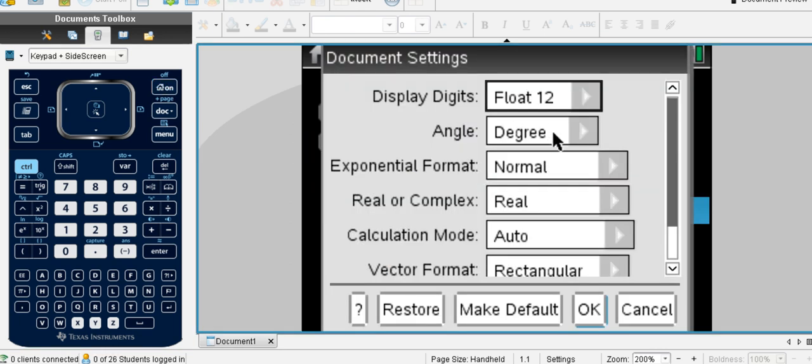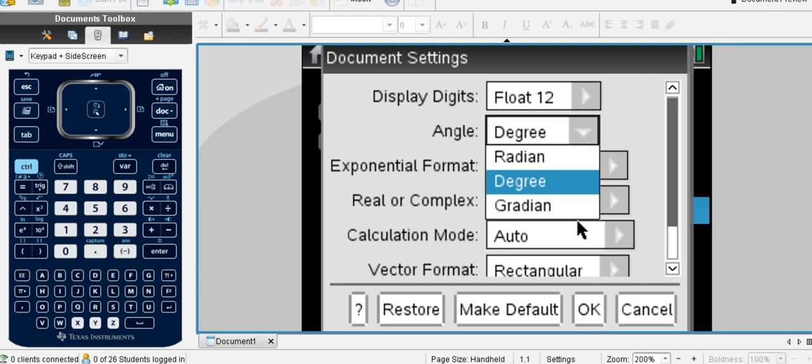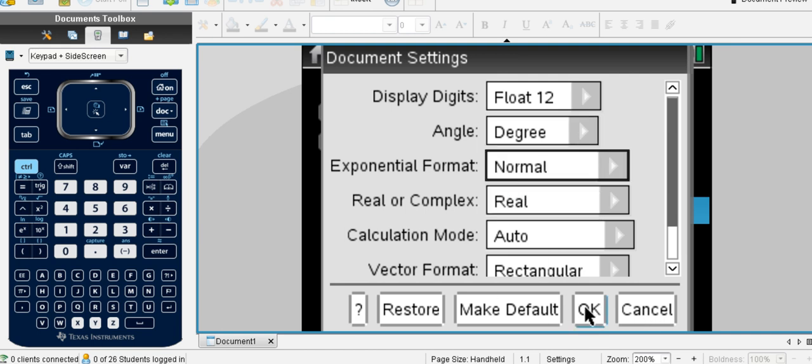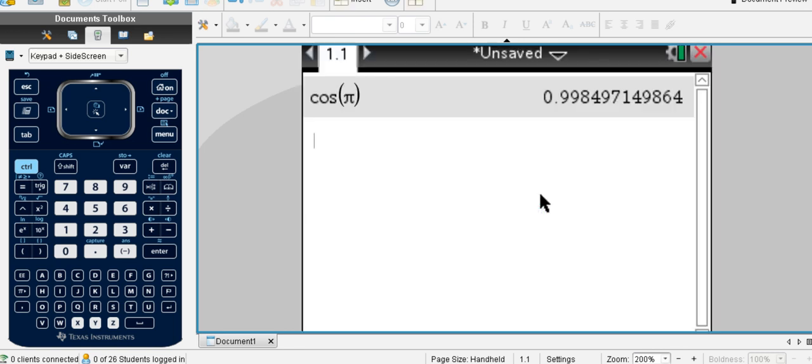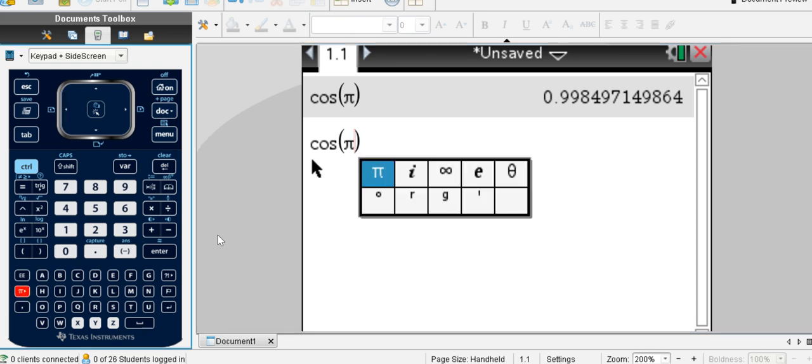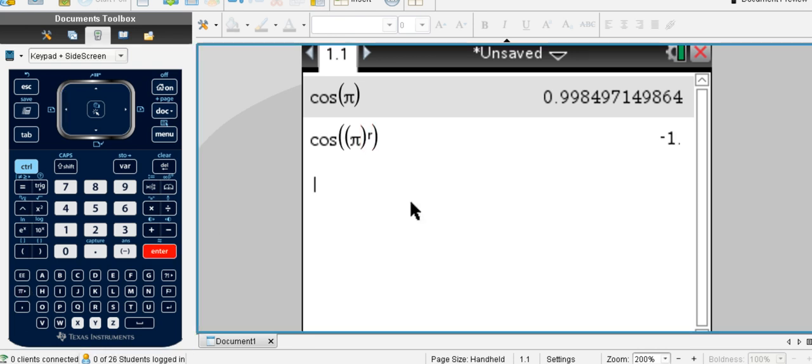The angle is not in degrees, it's in radians, because pi is radians, so you can switch it there. Or if I don't want to do it that way, instead of just hitting enter, since this is a radian, I go over here, hit this button, hit R, and now it gives it to me as -1.